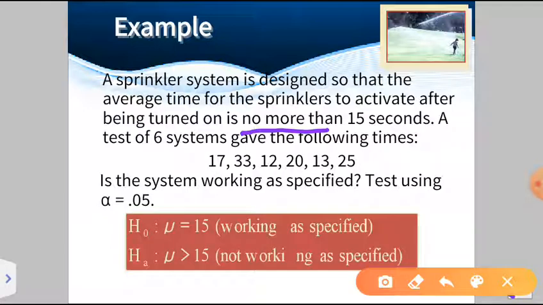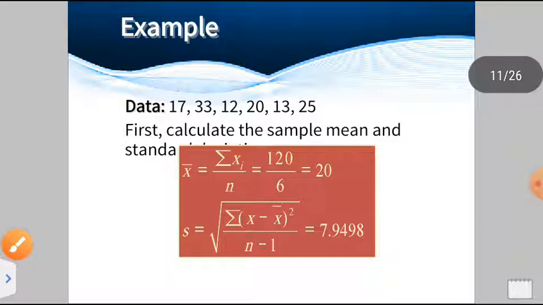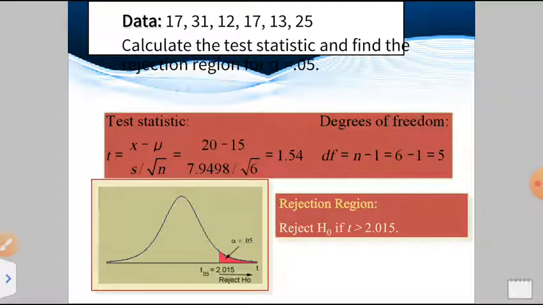If we go through the next one, we have the data given to us. The first step is to calculate the sample mean and the standard deviation. Using the formula, x bar is equal to summation of x divided by n, and we are getting a value of 20, and the standard deviation is coming as 7.9498. Be sure to calculate it so that you get the calculation part also.